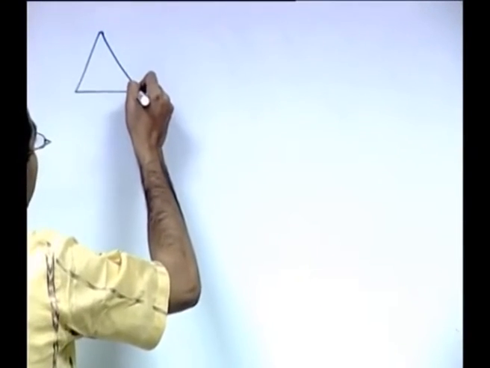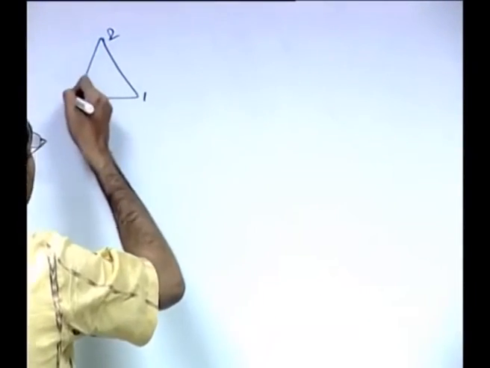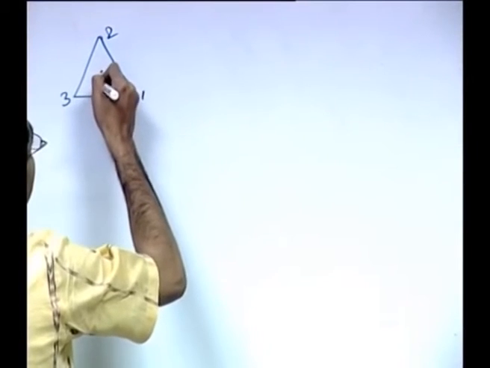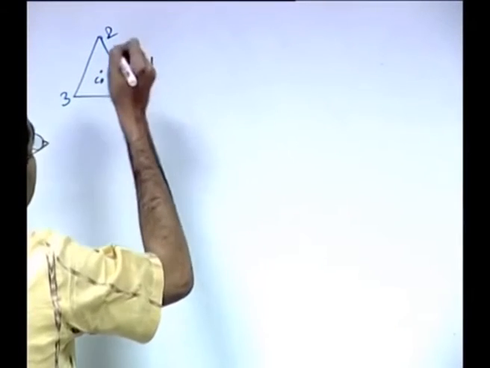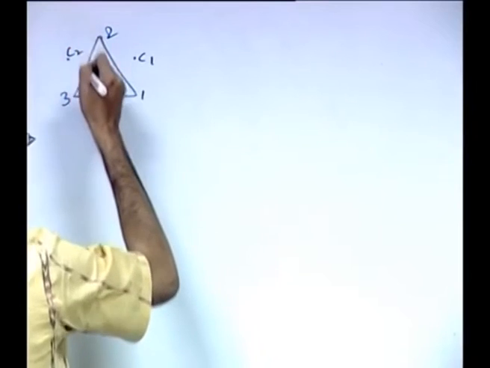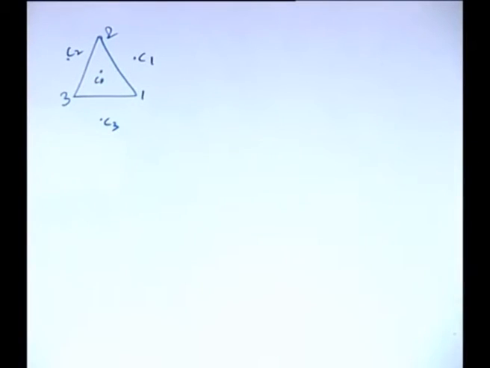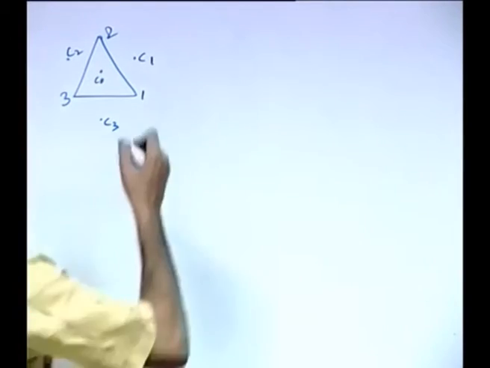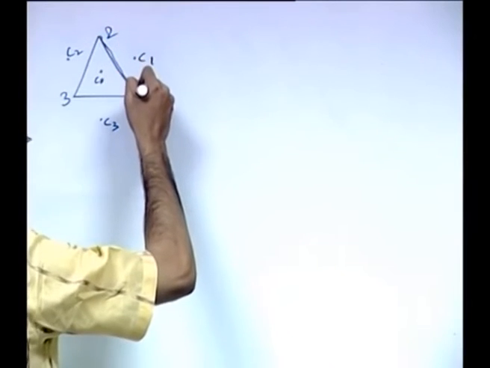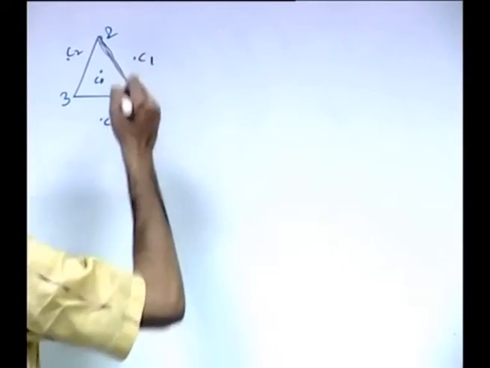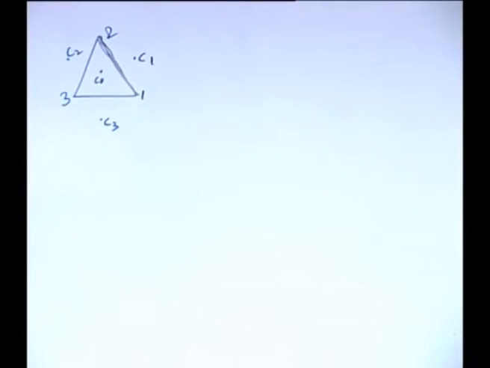Let us draw the triangle again, 1, 2, 3, with points C0, C1, C2, C3. One of the area integrals considers the area of the face 1, 2.